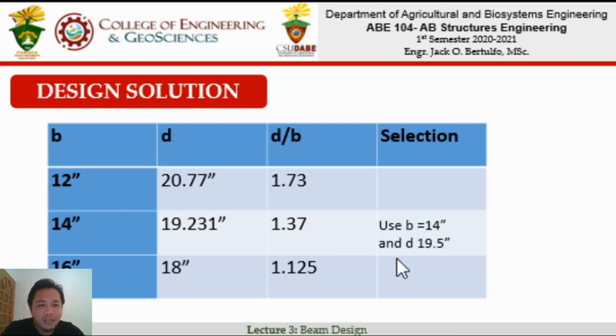So I adjust: instead of 19.231, I increase that to 19.5. Why? Because remember that the D over B ratio for a reinforced concrete beam must range from 1.2 to 1.5. If there are two that satisfy this boundary, then you can decide on one of them, so the thing you need to consider is the economy of your beam design.